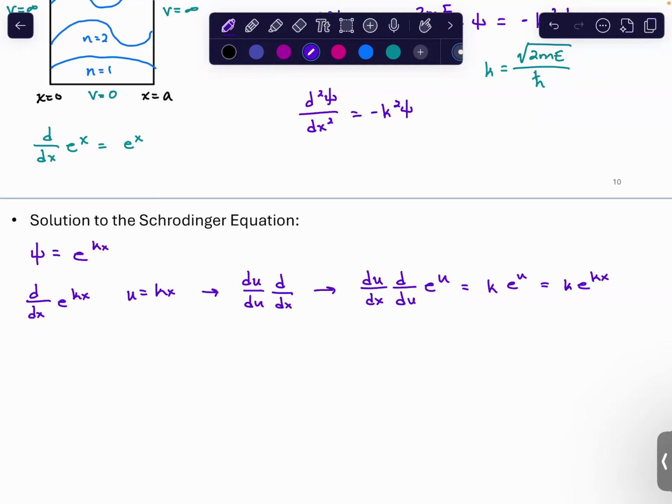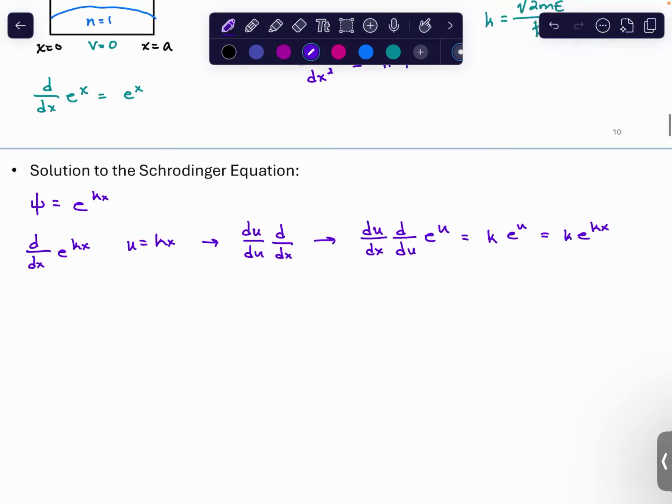Okay. Now, do you remember that a second derivative is just a chain of derivatives? Yeah. Okay. So if I want the second derivative of this function, I just now take the derivative of our solution again. Because I've already done the first derivative. Now I just take the second derivative. Right. If you had a third derivative, you do first, and then your second, and then your third. Right.